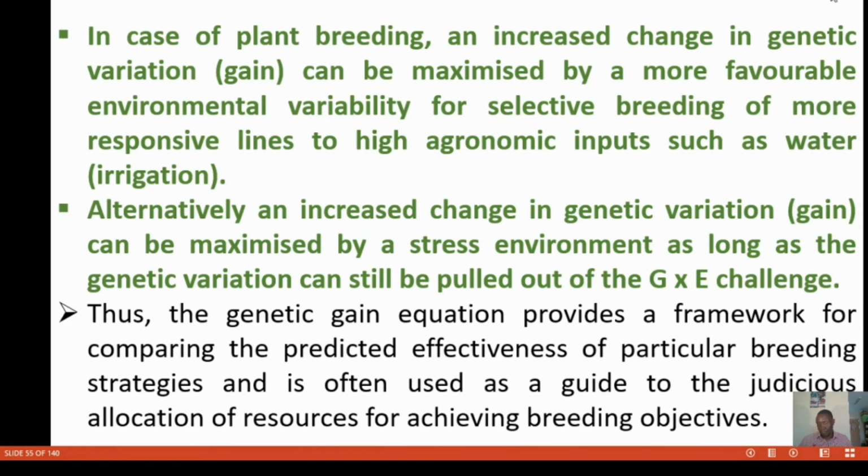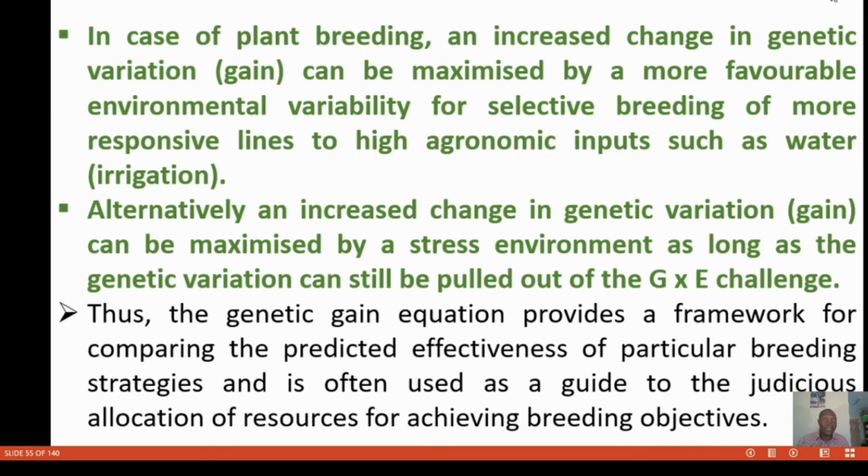In summary, in case of plant breeding, an increased change in genetic variation can be maximized by a more favorable environmental variability for selective breeding of more responsive lines to high agronomic inputs such as water, irrigation, for example. I repeat that. In case of plant breeding, if we exercise selective breeding under high agronomic inputs such as water, then we can increase the change in genetic variation.